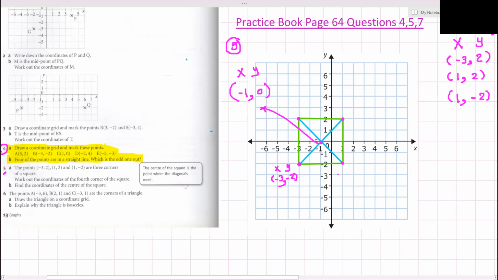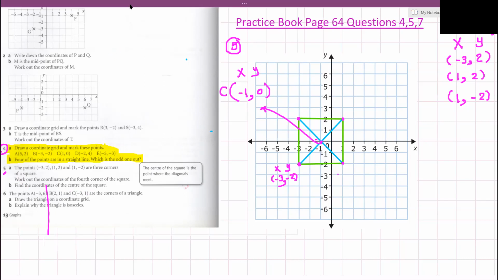Excellent. So this is the coordinates for the center of the square. Excellent. Let's go for the next question.